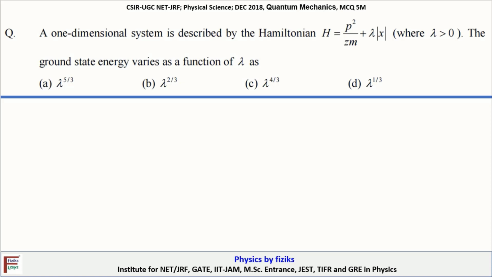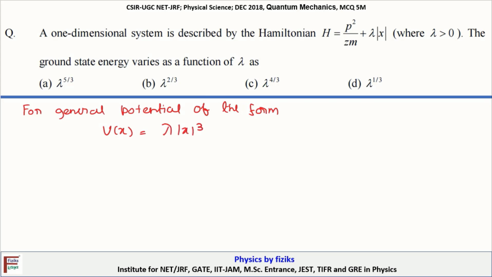So I am writing here one important relation for a general potential of the form V of x equals lambda mod x to the power n, giving Hamiltonian p square by twice m plus lambda mod x to the power n.